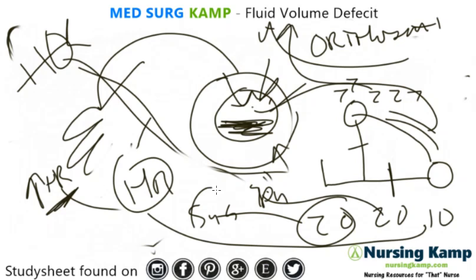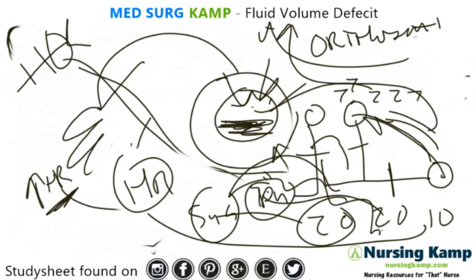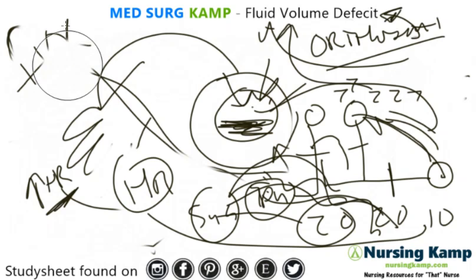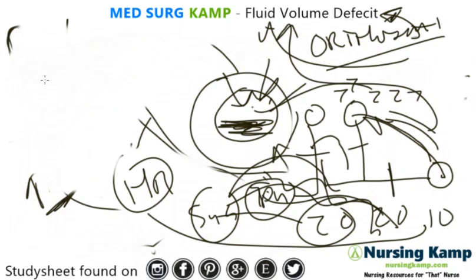And that's a variance if you have a variance of anything from lying to sitting and then to standing. If that is positive in one of these areas, they're orthostatic. That further confirms dehydration.